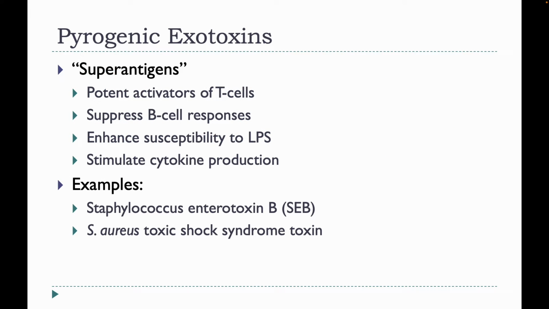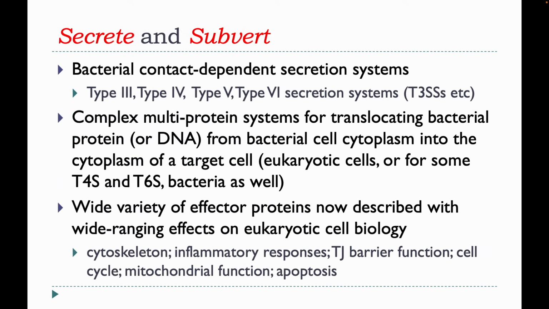Then there are these so-called pyrogenic exotoxins, superantigens that you get in, say, Staph aureus. I'm nearly finished now. How are we doing for time? Yeah. We've got these secrete and subvert systems, where secretion systems are complex systems made of multiple proteins that translocate bacterial proteins, or in just a few cases, sometimes translocate DNA, into host cells.